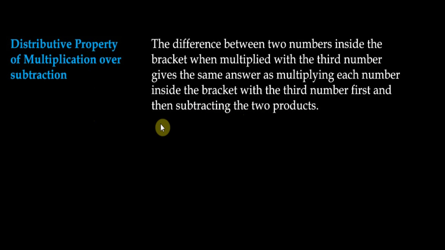So what do you think, how we can express this property with an example in the same way as we did for the distributive property of multiplication over addition? So just pause the video and think how we can express this property. Okay, so it says the difference between two numbers inside the bracket when multiplied with the third number.